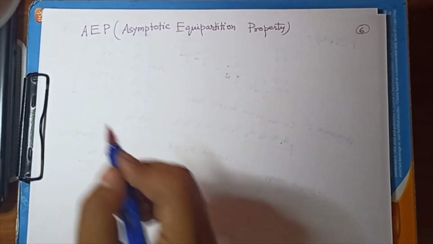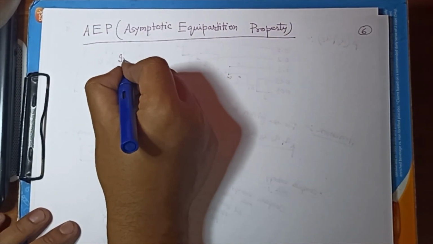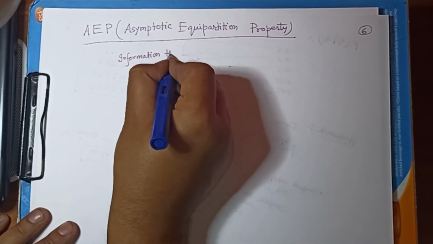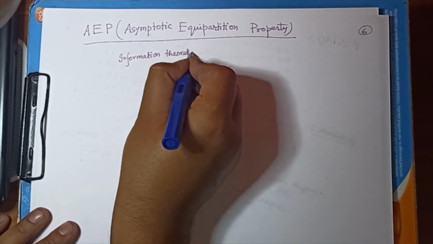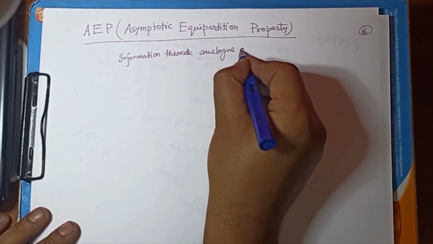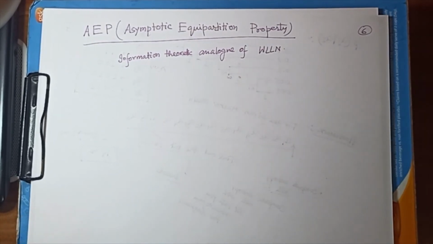This is essentially the information theoretic analog of the weak law of large numbers. Okay. So what is the weak law of large numbers?